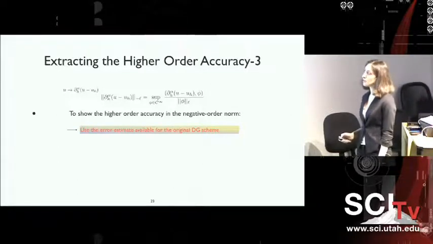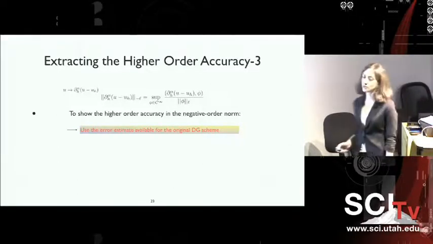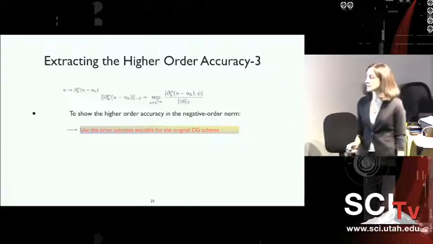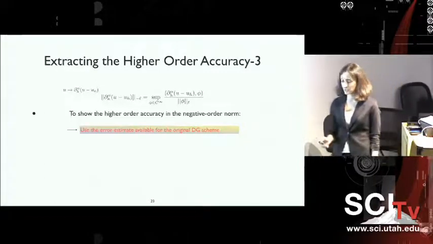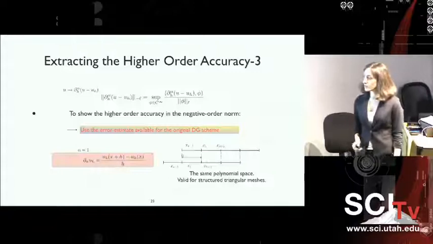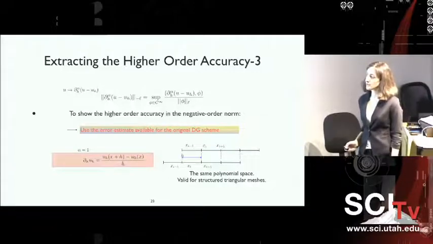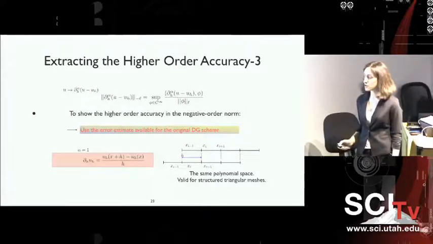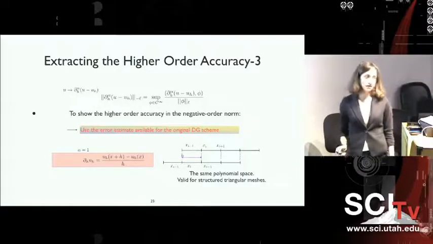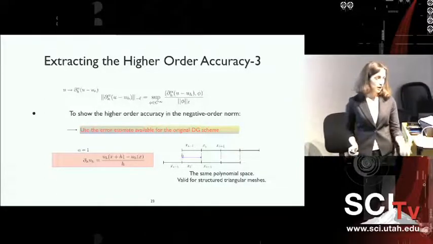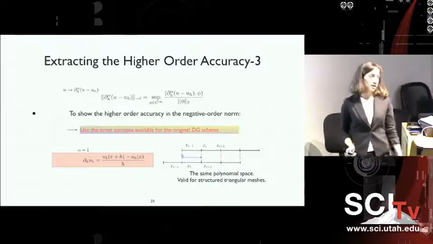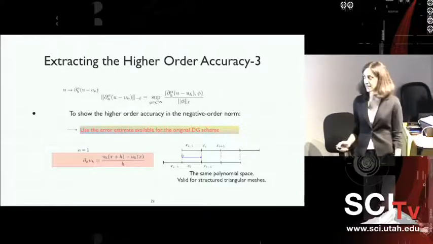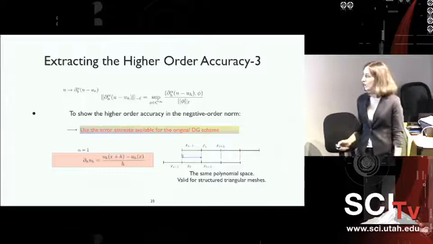Normally, to show the higher order accuracy in the negative order norm, we try to use the error estimates available for the original DG scheme. For example, if I represent my difference operator as the forward difference operator here, it is enough to show higher order accuracy for the forward difference, because if we use a more accurate difference operator like the central difference, it should be at least as accurate as the forward difference.